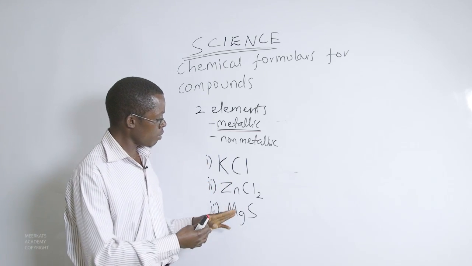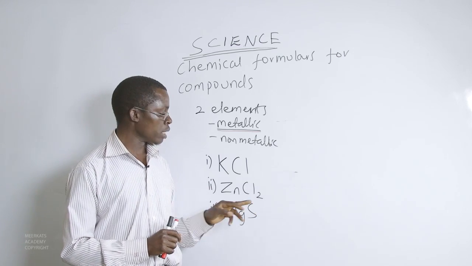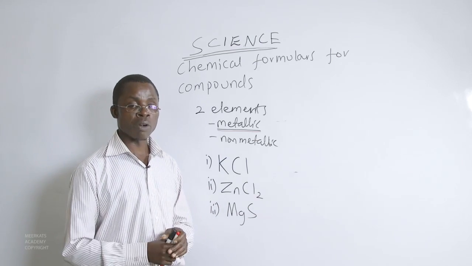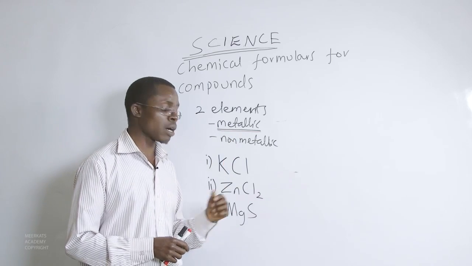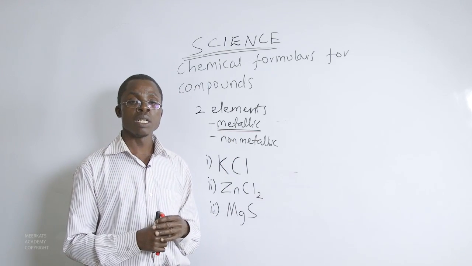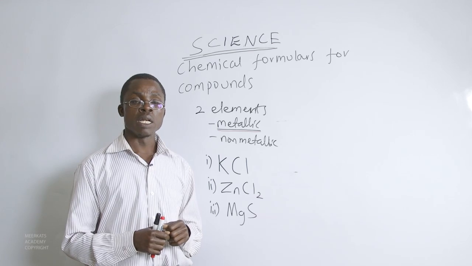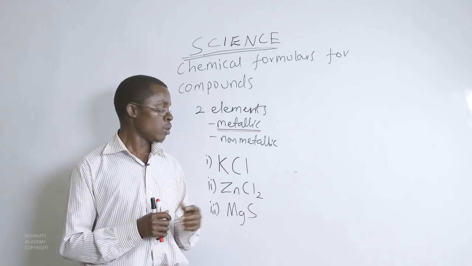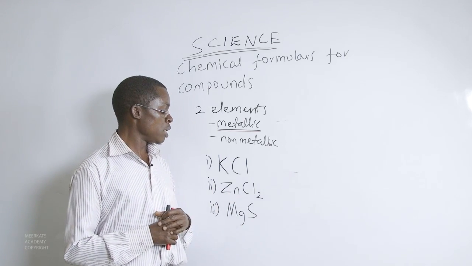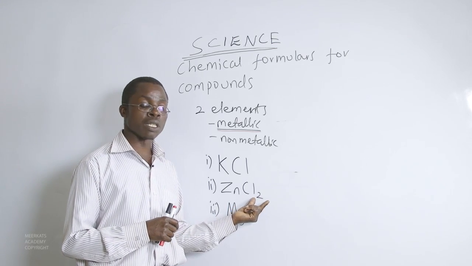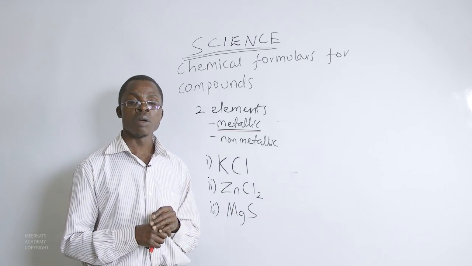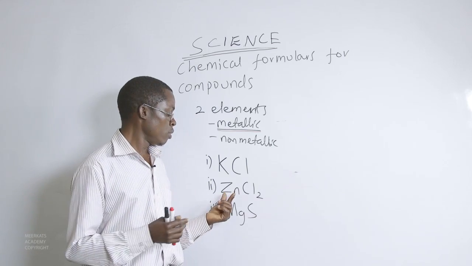Some may appear to have more, like this second one, where there's a 2 here. You remember in our statement that in our formulas we always have numbers, and those numbers, in addition to letters, speak volumes in this formula because they have a meaning. In our previous lesson I said that this 2 is just the combining power of zinc.